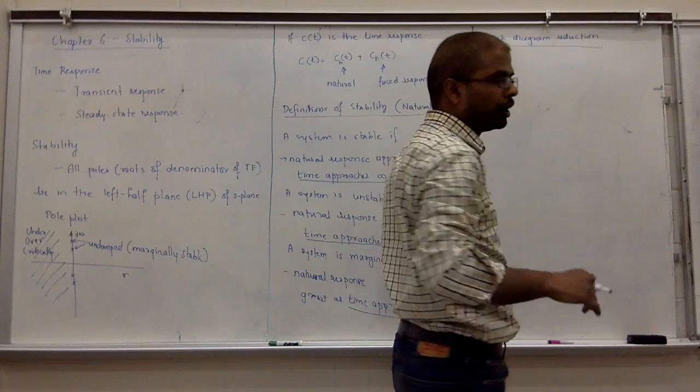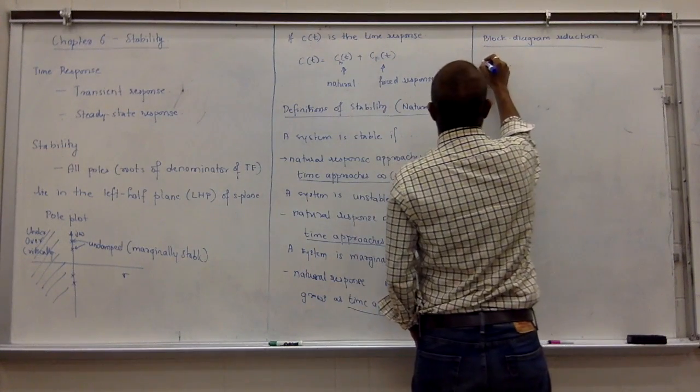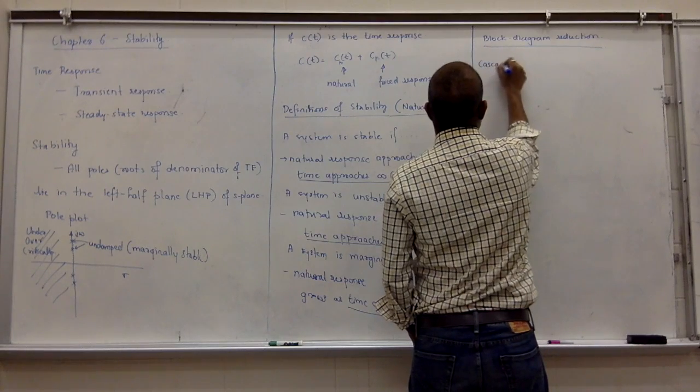So this is what you need to know from chapter 5. The first one is the cascade system.